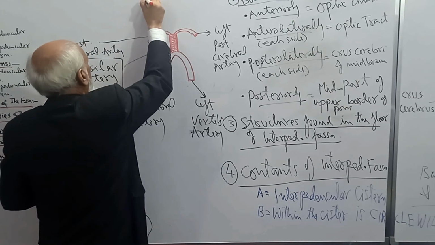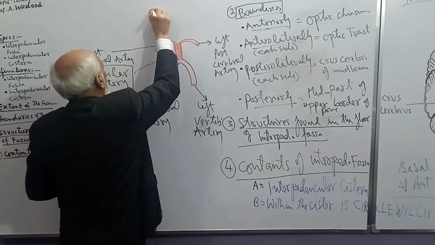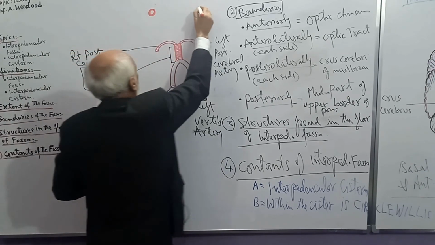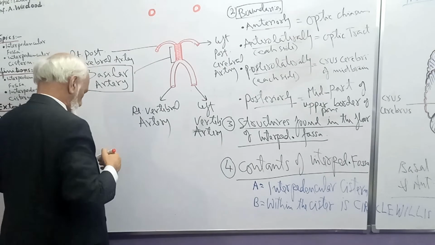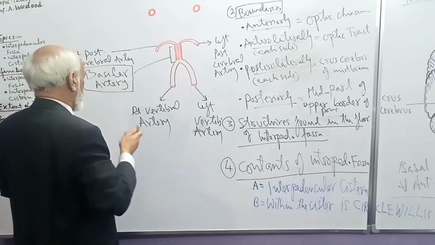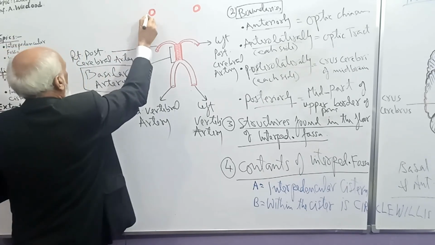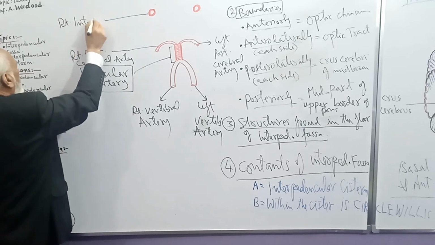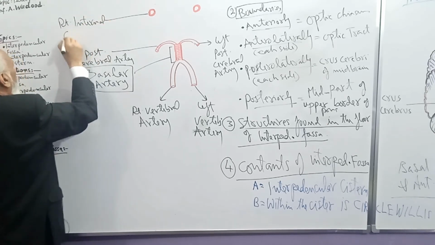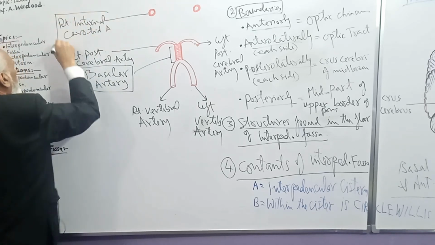Now here is the great vessel known as the internal carotid artery. This is the right and this is the left cut end of the internal carotid artery. Right internal carotid artery.